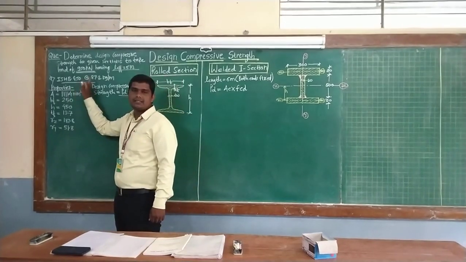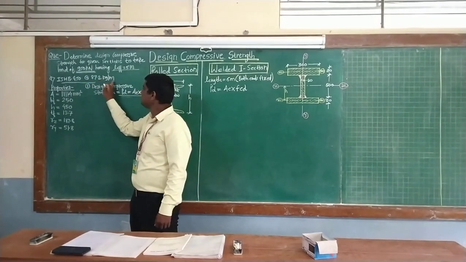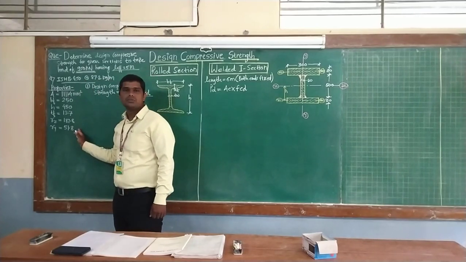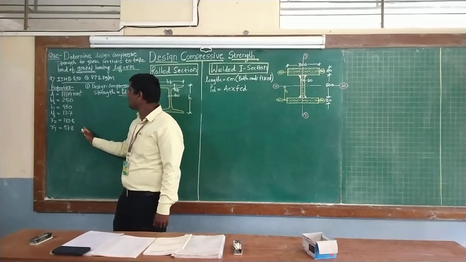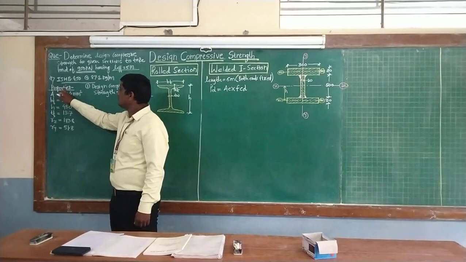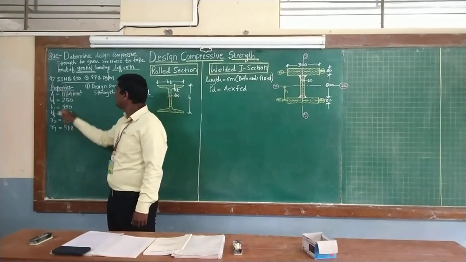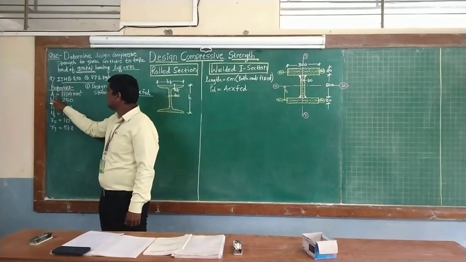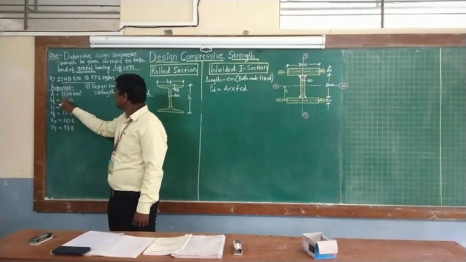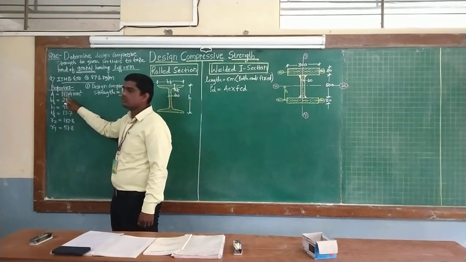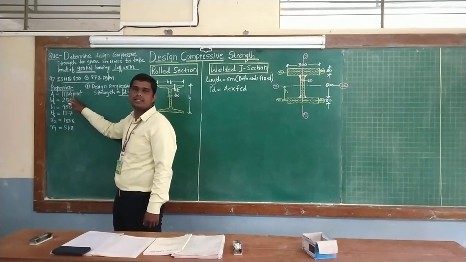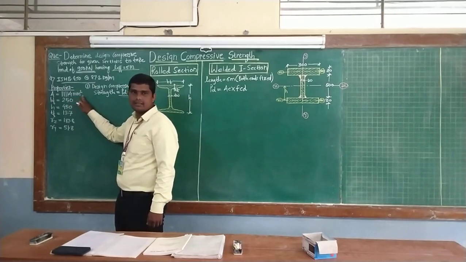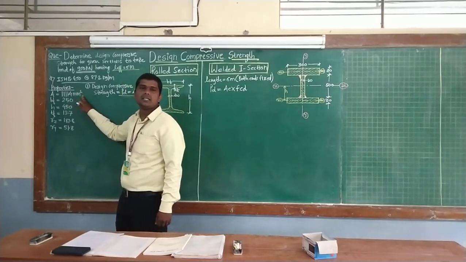According to this ISHB 450 at the rate of 87.2 kg per meter, we are going to note down the properties of this section. Beginning with this ISHB 450, the area is 11,114 mm square, which we can call the effective area.